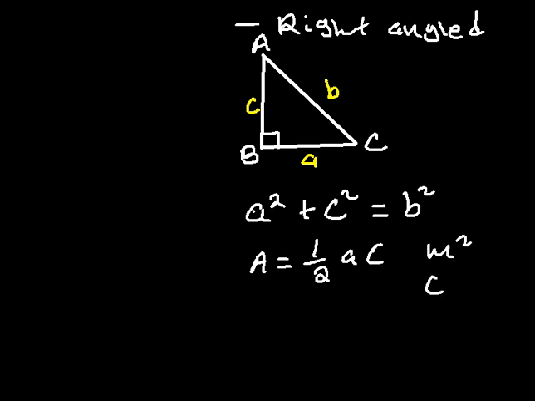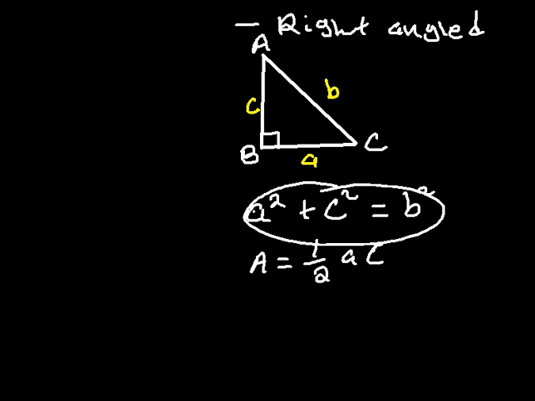It can be given in centimeter square, and even millimeter square. It depends on the units that are given, but the area for a right-angled triangle is half base times height. So this is how you should understand that one. The Pythagoras theorem is also only applied for right-angled triangles.